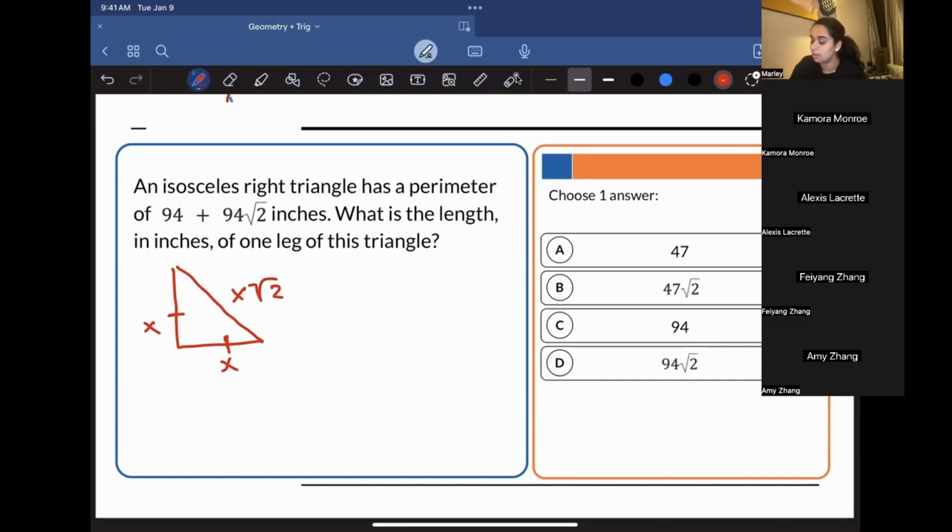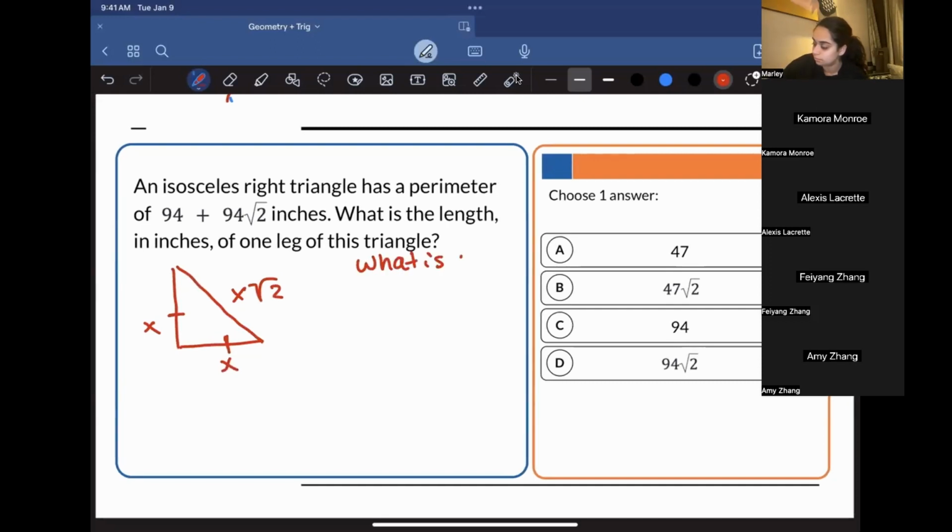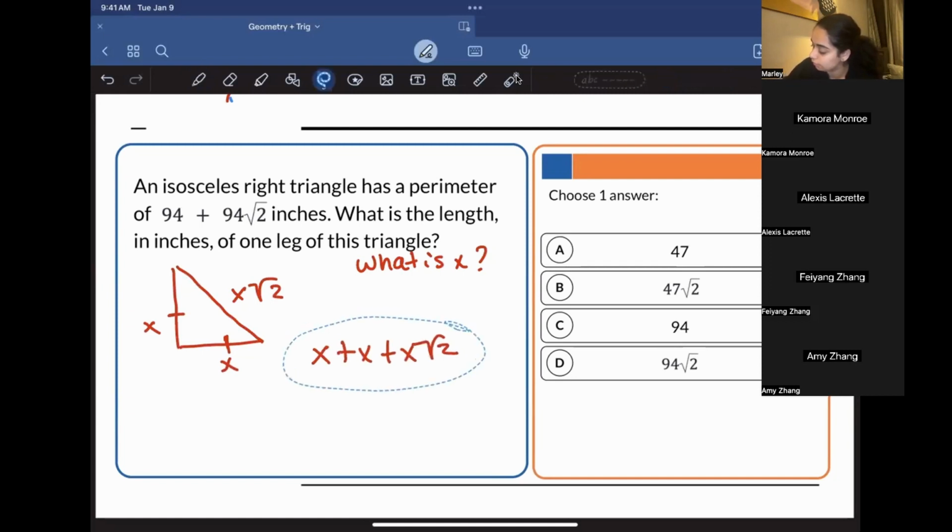The legs are X. So it's asking, what is X? And the equation for a perimeter is X plus X root 2. I'm gonna do it really nicely because it's gonna get real funky.